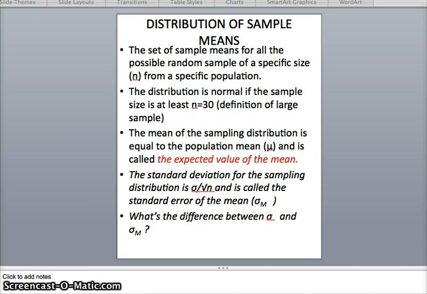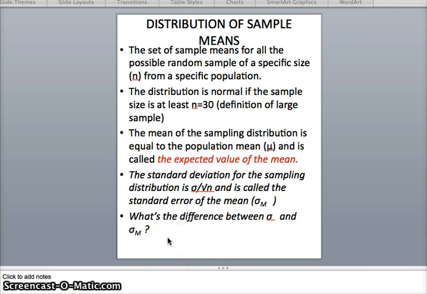Again, the standard error of the mean is calculated simply by taking the population standard deviation and dividing it by the square root of n. The symbol for the standard error of the mean is lowercase sigma subscript capital M.